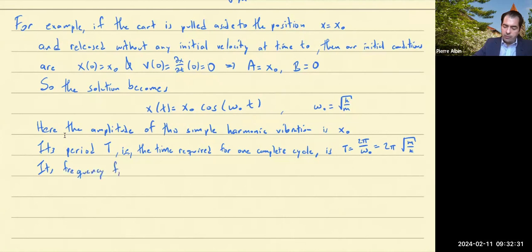Its frequency, call it f, right? Which is the number of cycles per unit time, is 1 over T, right? So 1 over 2 pi times the square root of k over m.